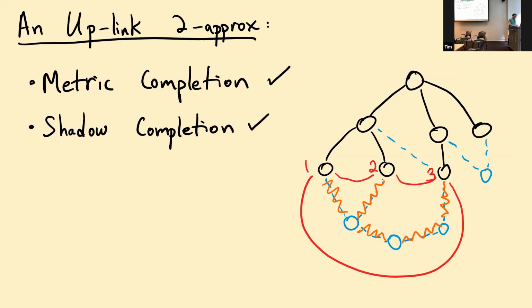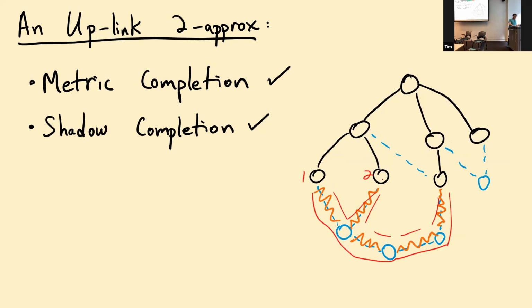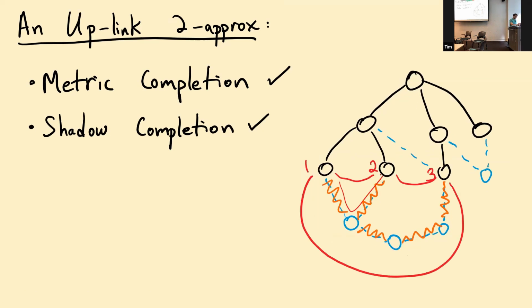Instead of taking this entire path between the terminals, I can utilize the fact that we did metric completion and take the direct link between the first terminal visited and the second one, and then the second one to the third one, and essentially create a cycle on the terminals. Each of these links costs at most the path between them, right?